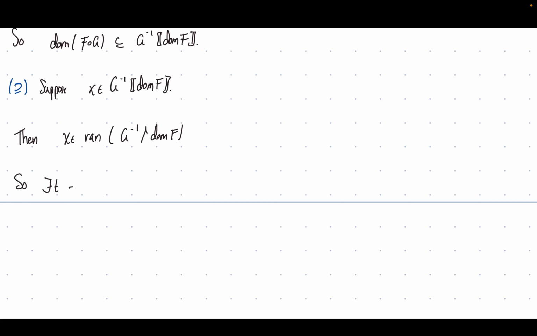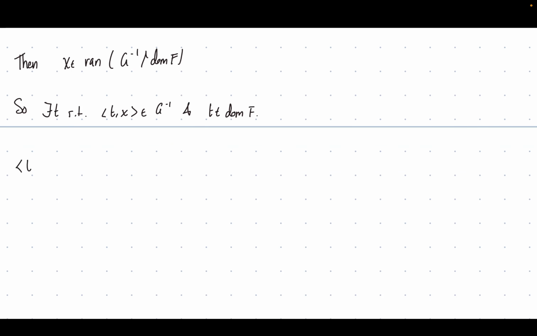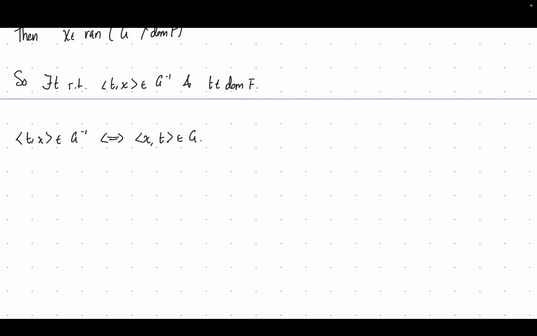So there exists some T such that (T, X) is in G inverse and T is in the domain of F. Now (T, X) is in G inverse if and only if (X, T) is in G, and T is in the domain of F.